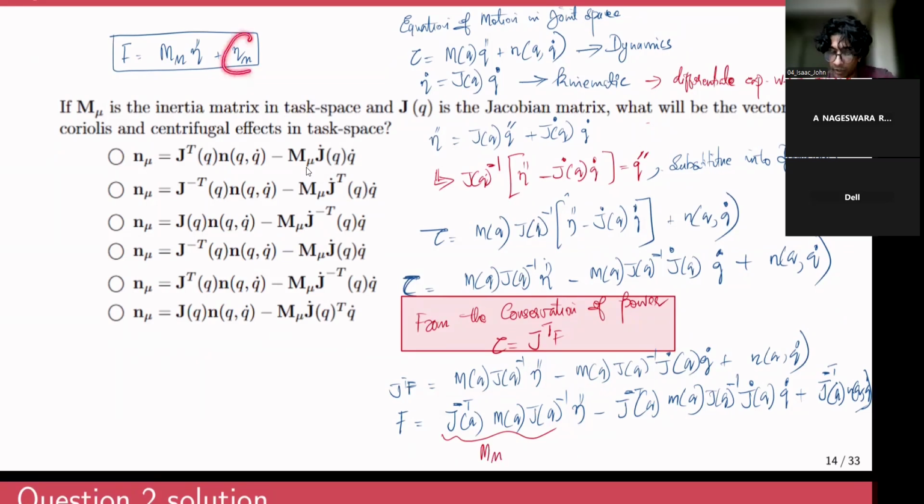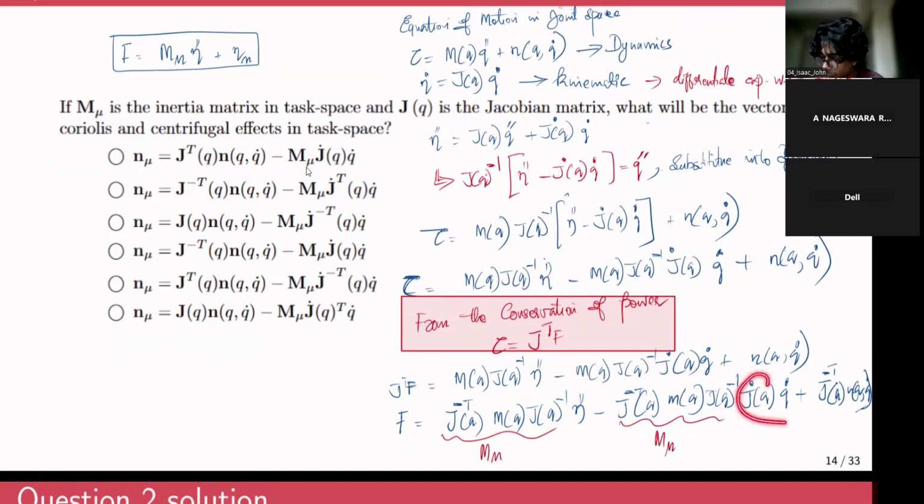Whatever is left would be the vector of Coriolis and centrifugal effects. If you take a look at this, there is also the term J inverse transpose M J inverse, and we have the same term over here, so I'll write that part as M of mu.